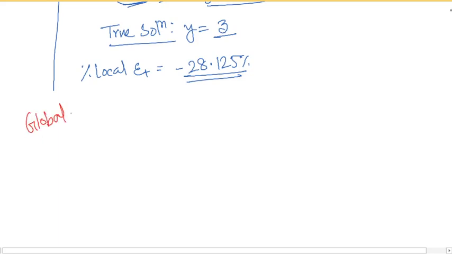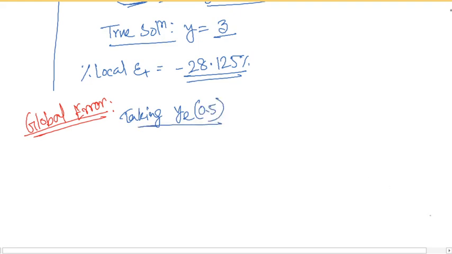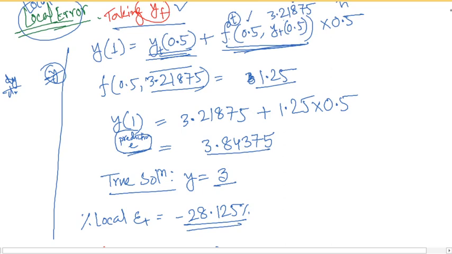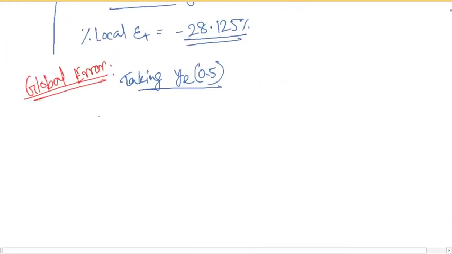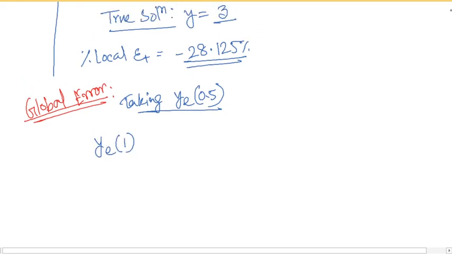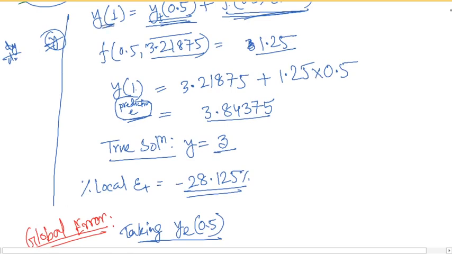global error, so I will be taking the Euler value obtained from the previous state, that is this one, and we will be denoting it as y Euler 1, although we haven't represented anything here or here.